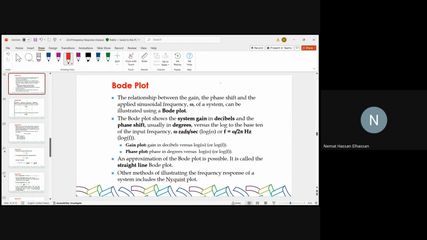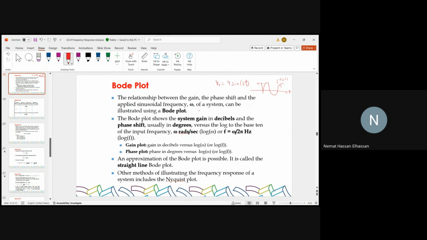Now, if you're talking in time, we can say that V2 is equal to 4 sine 3t. This is an equation. We can also plot it as 4 with an omega of 3, and we can say that this is V2 of t and this is the t-axis.